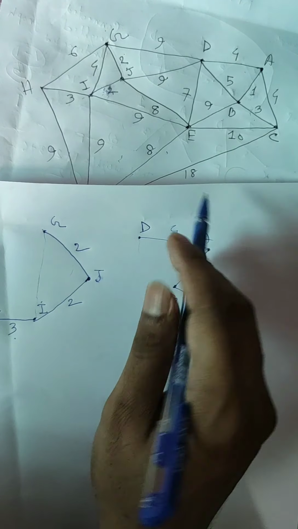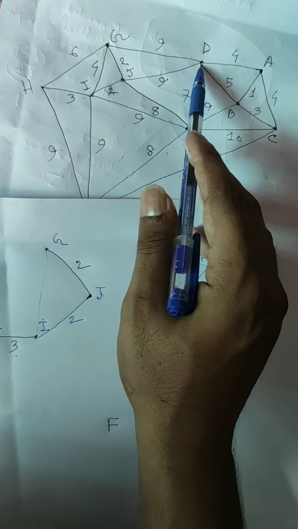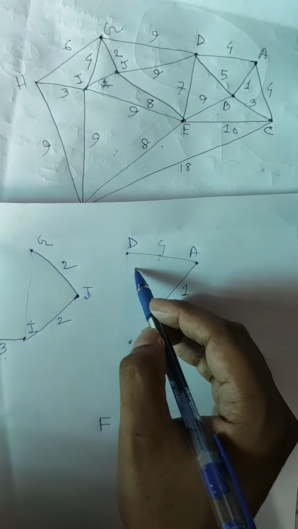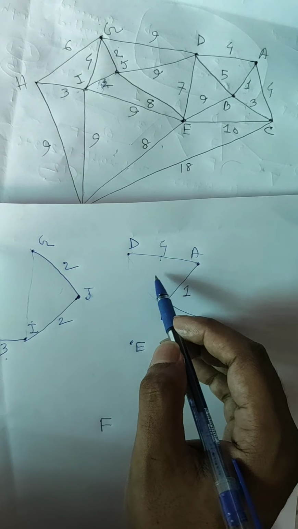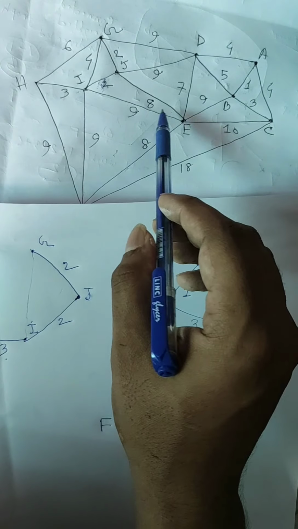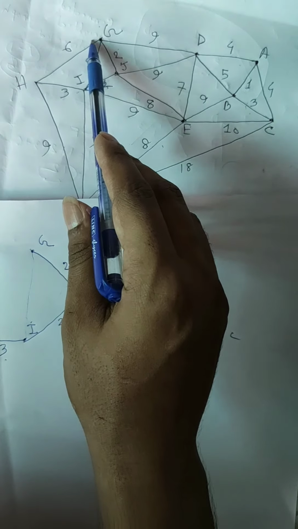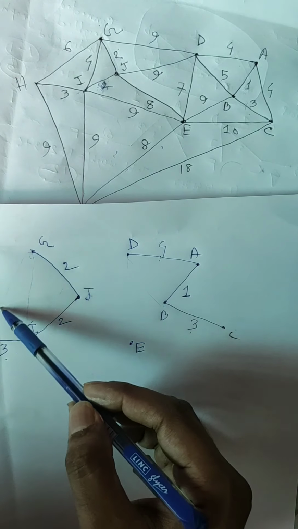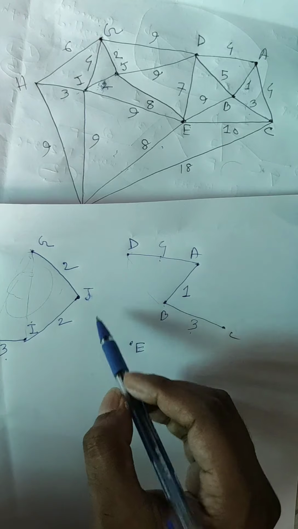Then if we take this 5, there exists a loop. So we cannot take this. Then this 6, if we take this 6, there exists a loop. So we cannot take it.